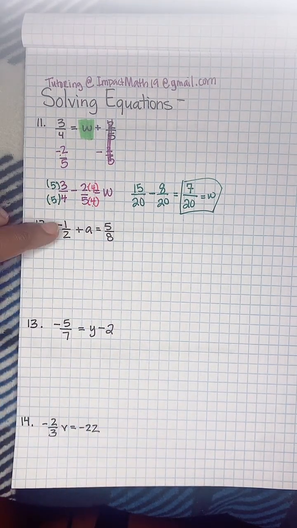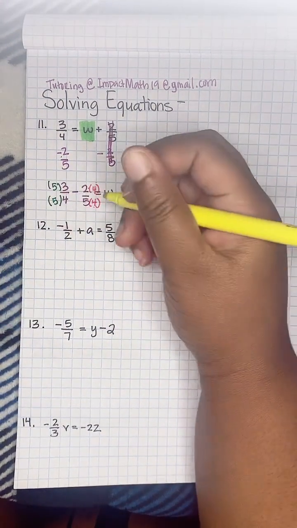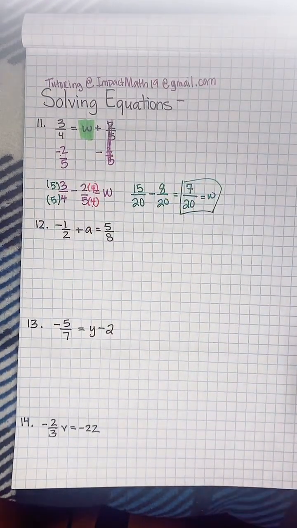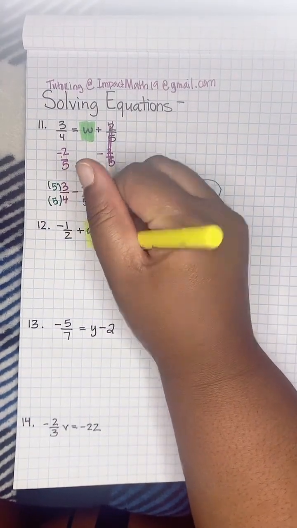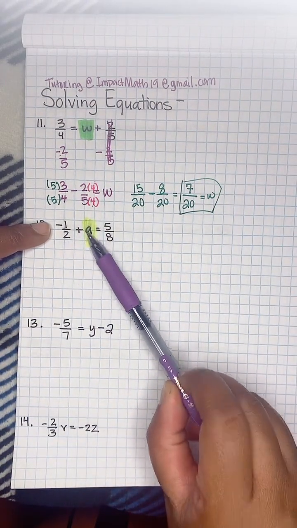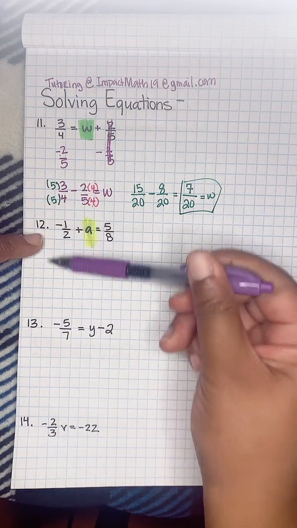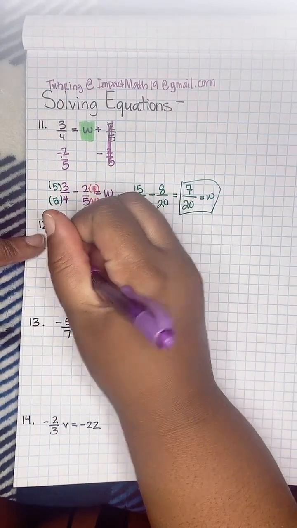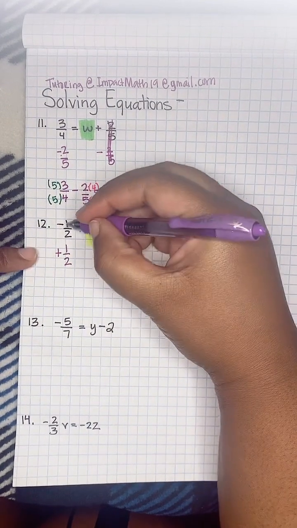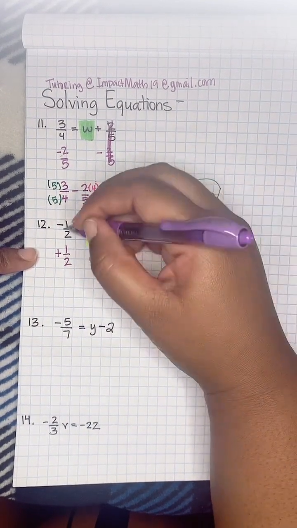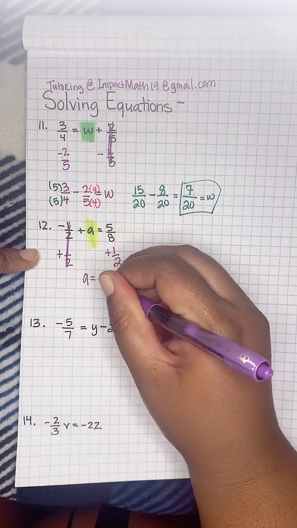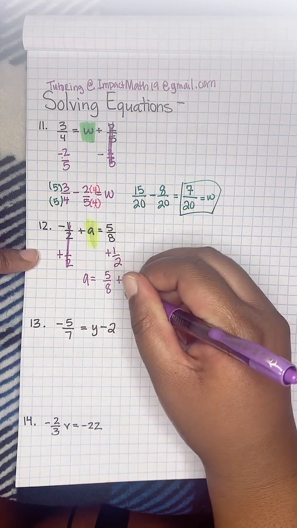Now, why we have to move the -1/2 is because, again, whenever you're solving equations, you're asking yourself, what do you want by itself? I want the letter by itself. So this -1/2 is what's causing this not to be by itself. So I have to move it. So I'm going to add 1/2. And why I'm adding 1/2 is because it's opposite of the subtraction. So this cancels and I get A equals 5/8 plus 1/2.